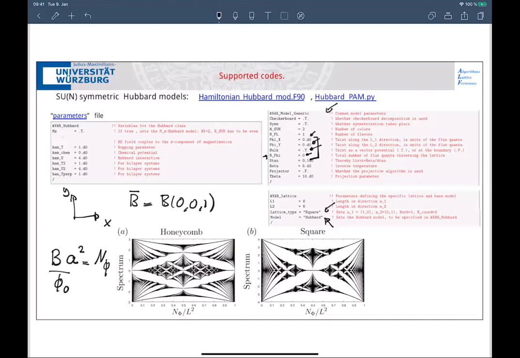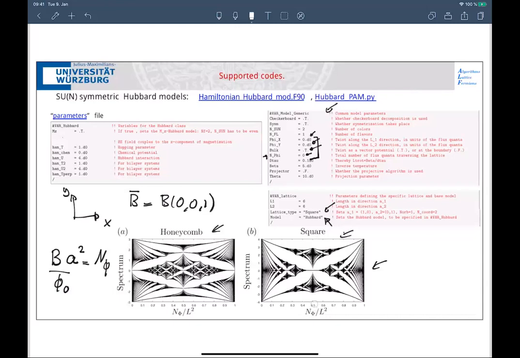So this generates, for all our lattices, for example the square or the honeycomb, these beautiful Hofstadter butterflies, and you can do your calculations on these Hofstadter butterflies. For example, this morning we wanted to have a pi flux lattice. Well, for the pi flux lattice, you take the square lattice and put in a pi flux per plaquette.